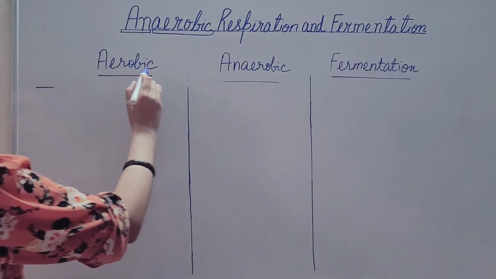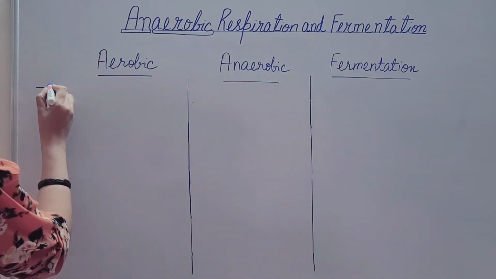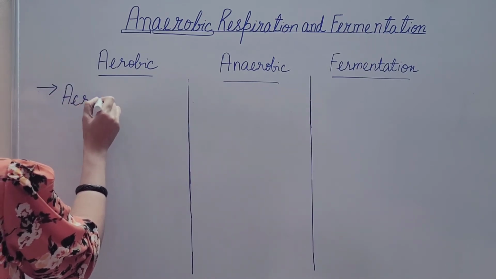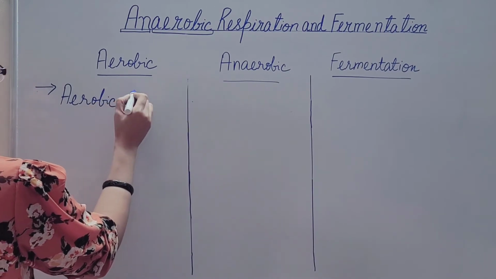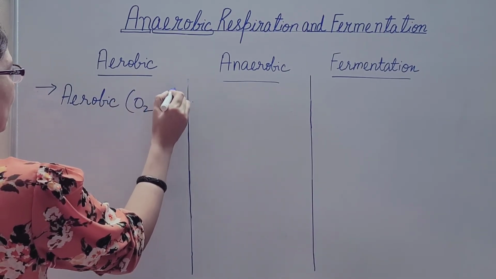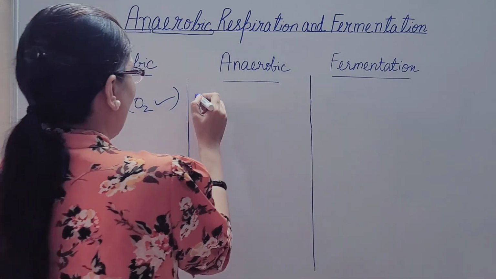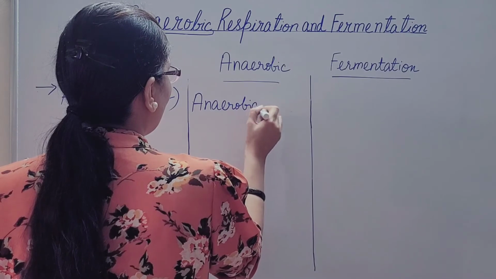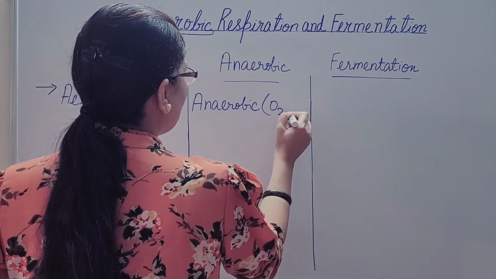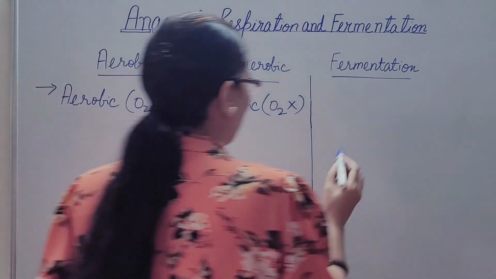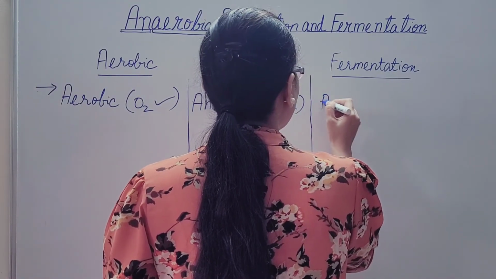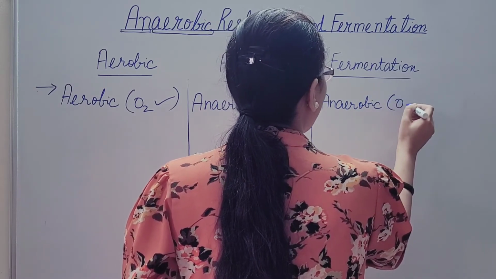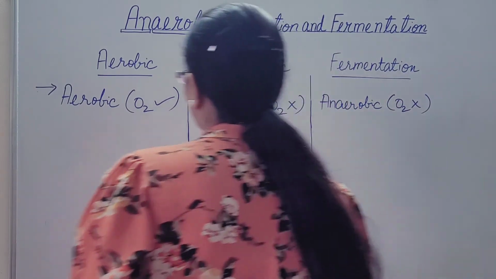Now let us compare aerobic respiration, anaerobic respiration and fermentation. Aerobic respiration, growth condition is aerobic. That means it takes place in the presence of molecular oxygen. Anaerobic respiration, growth condition is anaerobic. That means this takes place in the absence of molecular oxygen. Fermentation, here also growth condition is anaerobic, that is absence of molecular oxygen.